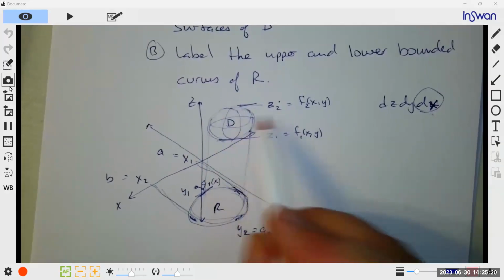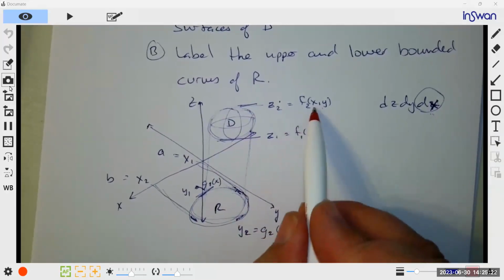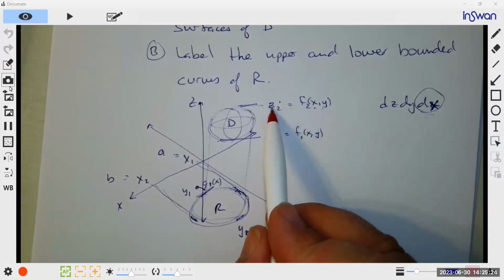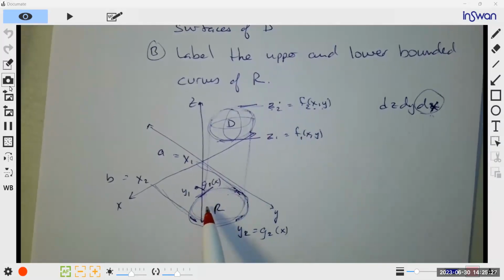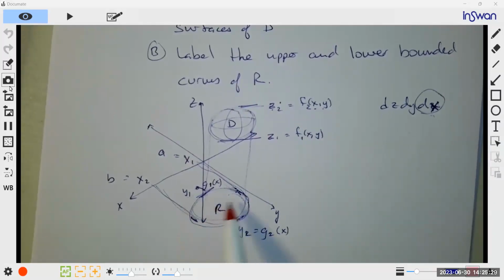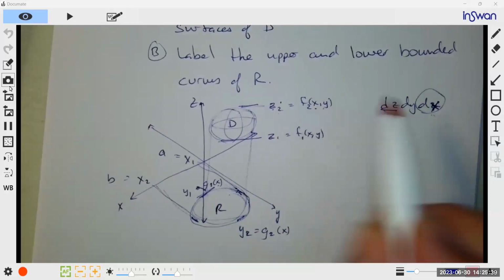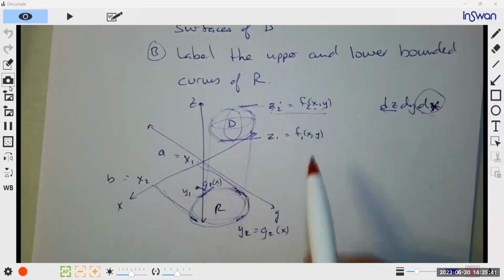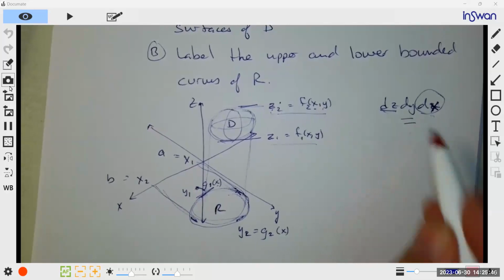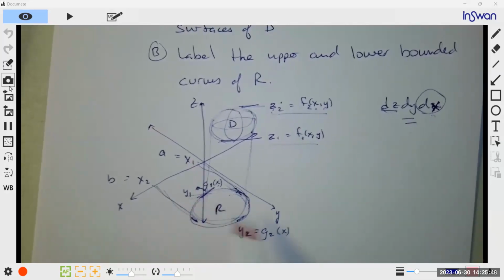Notice that the original object is in 3 dimensions. We have x, y, and z. On this one, it's only 2 dimensions. The object here is now defined by a single variable. So we have to find the formula for z, upper and lower bounds. Then we have to find the formula for y, since it's the middle one.